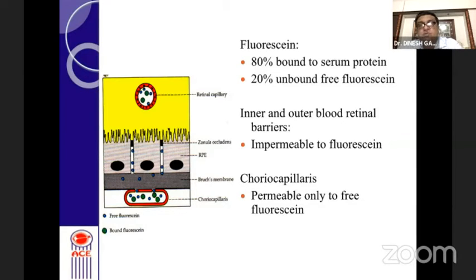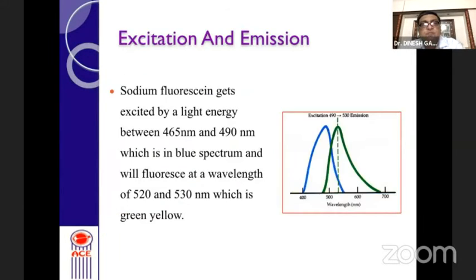This is the only tissue in the body where we are able to see bare vessels, and the inner and outer blood retinal barriers are impermeable to fluorescein, whereas choriocapillaries are freely permeable to fluorescein. Sodium fluorescein gets excited at a light energy between 465 to 490 nanometer, that is the blue spectrum.